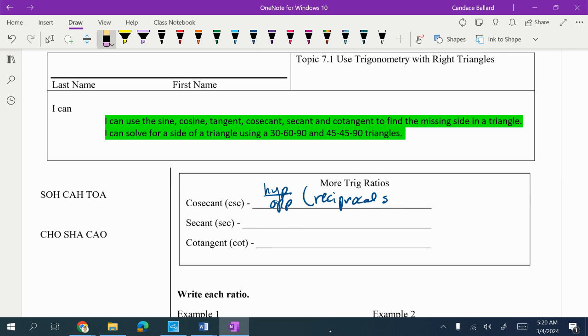I don't need to spell it, we're just going to use sine. And then secant is the hypotenuse over the adjacent, which is the reciprocal of cosine. And then cotangent is the adjacent over the opposite, which is the reciprocal of tangent.